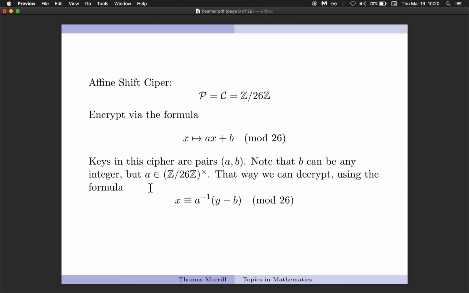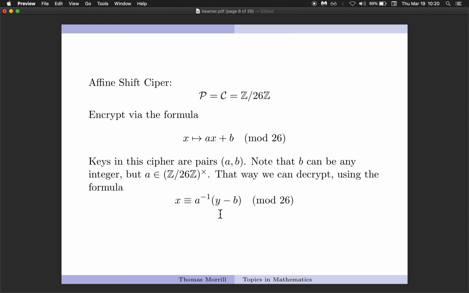So A had better belong to the set Z mod 26Z cross, or as I like to call it, A had better belong to the group of units mod 26. All I'm asking for is A should have GCD of A and 26 be equal to 1. Those should be relatively prime. So 4 different ways to say the same thing.